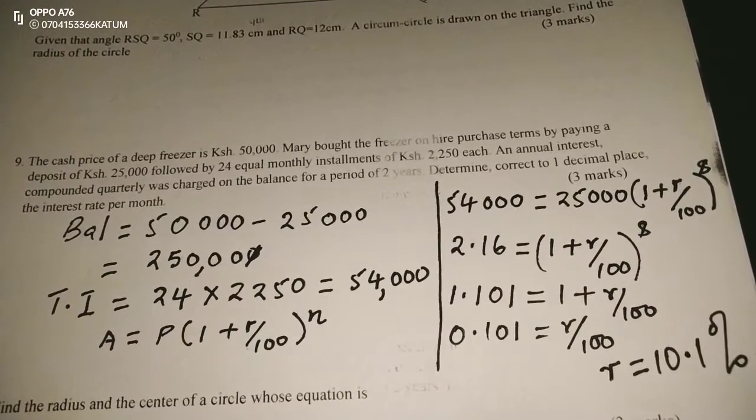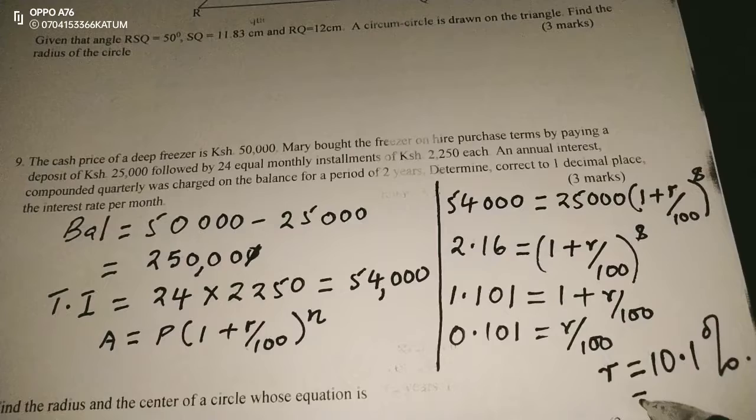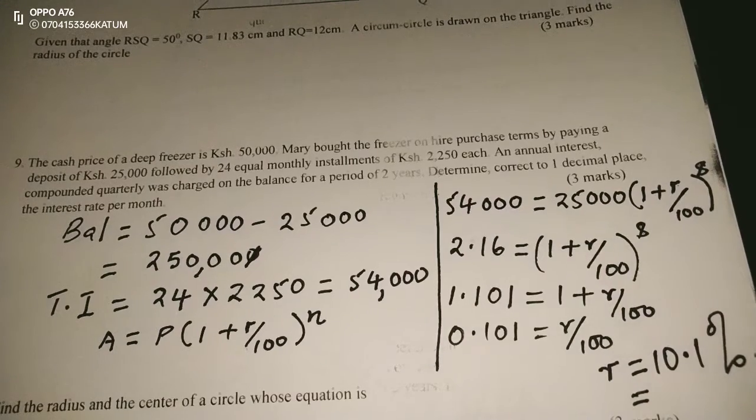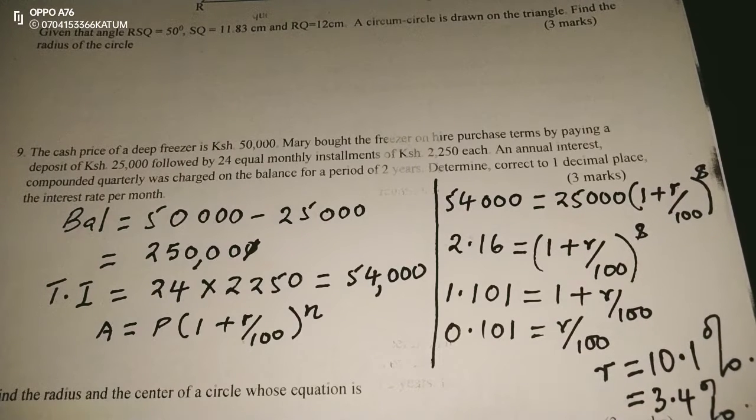If this is for a quarter of a year, which means 3 months, what about for a month? Because in a quarter of a year we have 3 months. We have to divide by 3 to give us 3.4. To stick to one decimal place, 3.4. 3.4% is the desired answer.